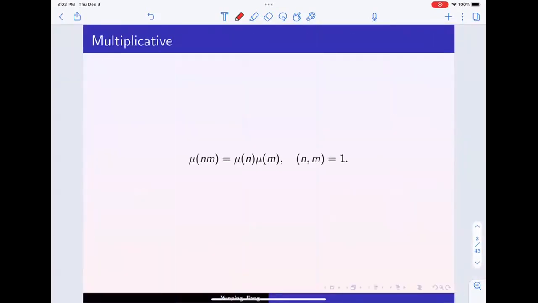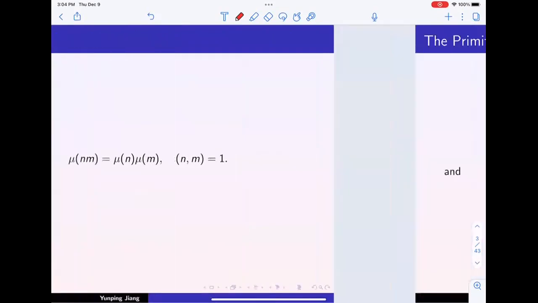First, a very basic property of the Mobius function is that it is multiplicative. That means the value on n times m equals the value on n times the value on m, as long as n and m are relatively prime.